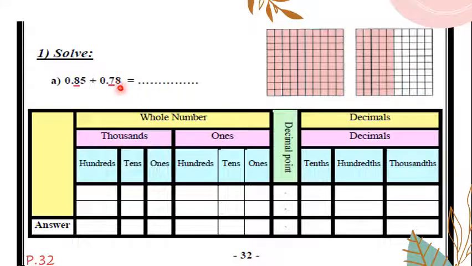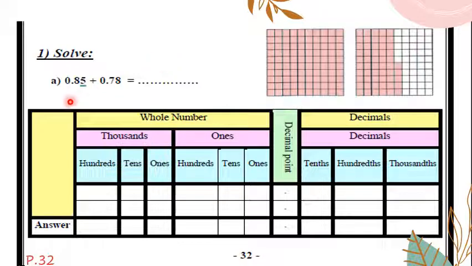So I make adding for here 80 plus 70. Let me make adding for the hundredths. Here I'm gonna color 5 plus 8. So let me see. Here 5. 1, 2, 3, 4, 5.